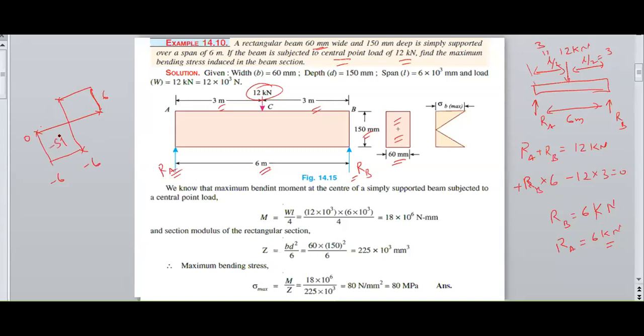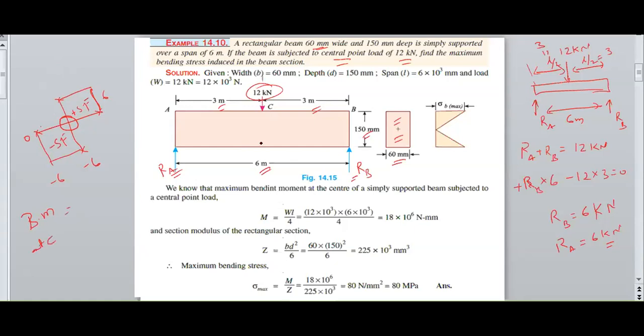It is a negative shear force, it is a positive shear force. So we observed in the previous unit that wherever the shear force changes its sign, at that location only we are getting the maximum bending moment. Therefore, the shear force changes its sign at C. Therefore, the bending moment at C.